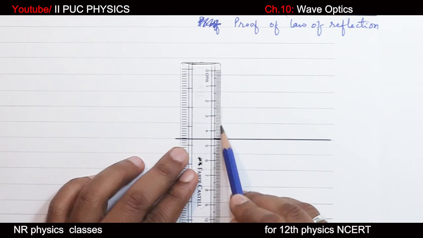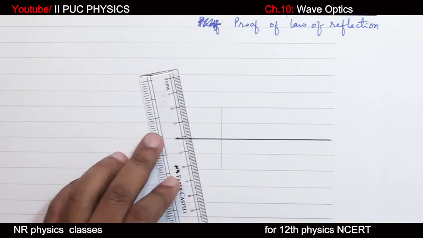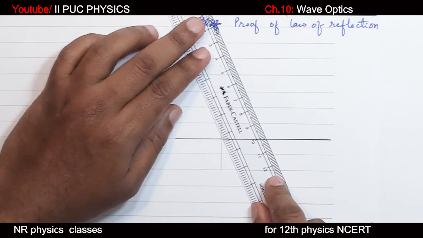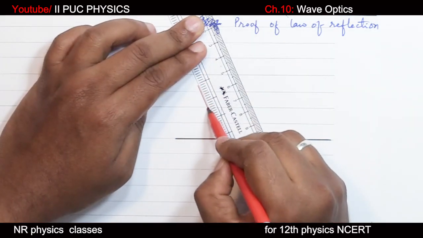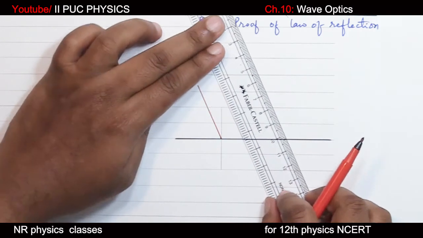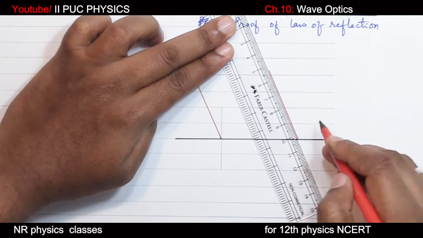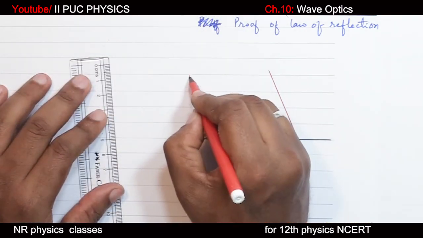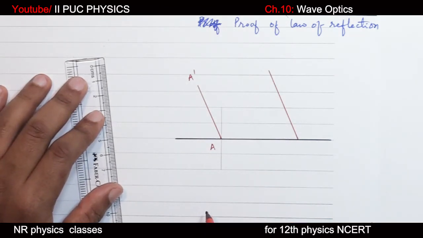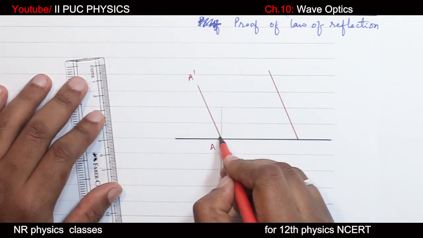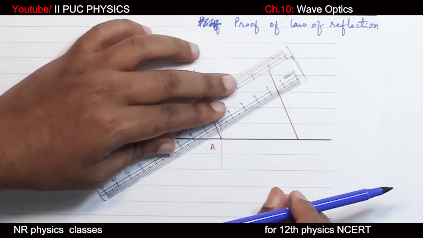This is the normal drawn at the point of incidence. These two are parallel rays. So these two rays are traveling along A'A. The perpendicular drawn to this is a wavefront. So let me draw the perpendicular.